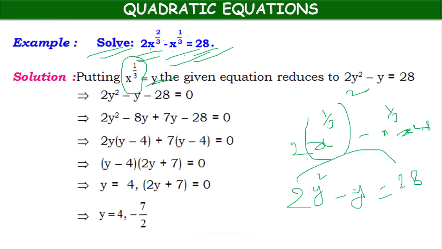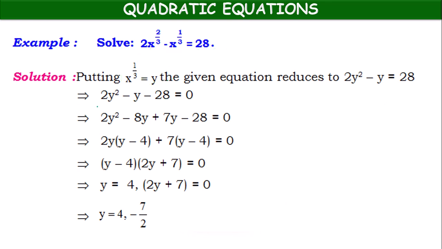Now this 28 will come to this side, it will become minus 28. Now 2 into 28, that is 56 with sign minus, to be divided into two terms so that the sum will be equal to the middle term, minus 1.